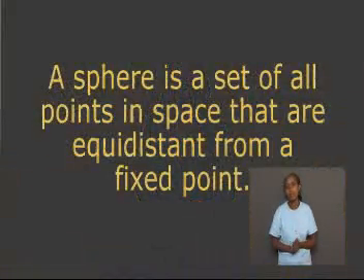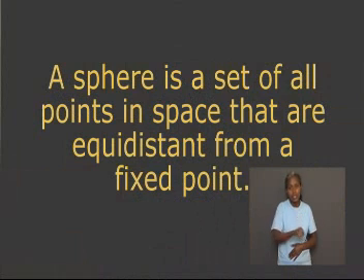Welcome back, students. We can define a sphere by expanding our definition of a circle. A sphere is a set of all points in space that are equidistant from a fixed point.